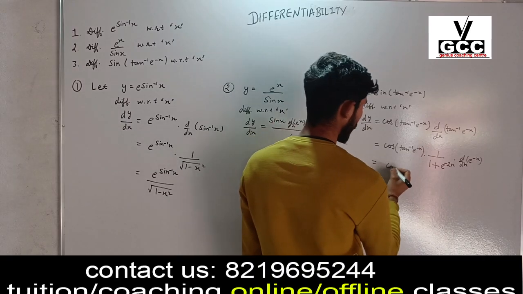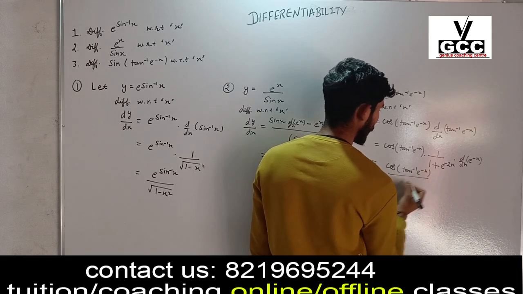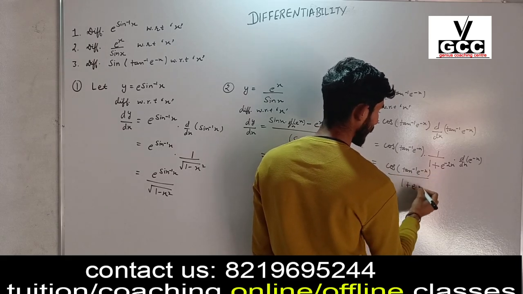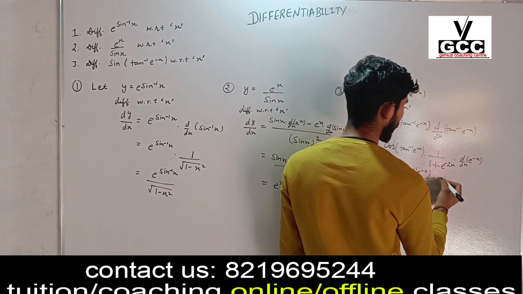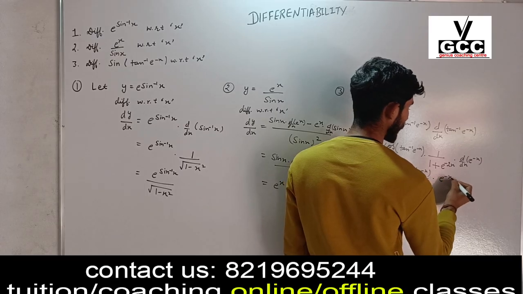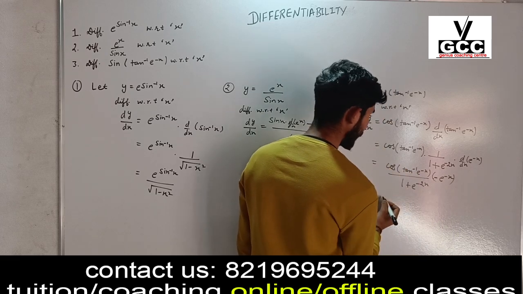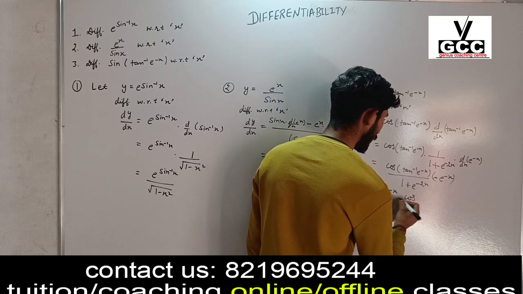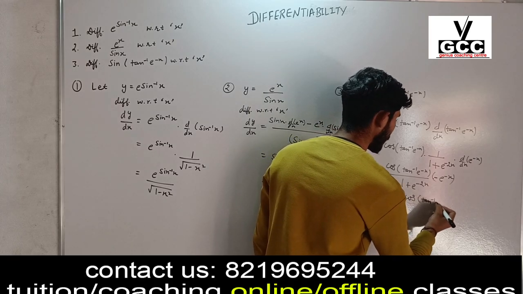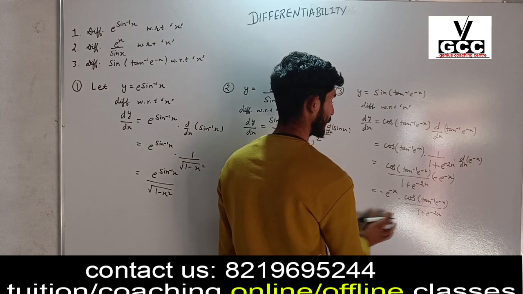Now solve out: tan inverse e^(minus x), 1 upon 1 plus e^(minus 2x). The derivative of e^(minus x) is the exponential itself, coming with a negative sign. Now the answer is e^(minus x) into cos tan inverse e^(minus x) upon 1 plus e^(minus 2x). That is the required answer.